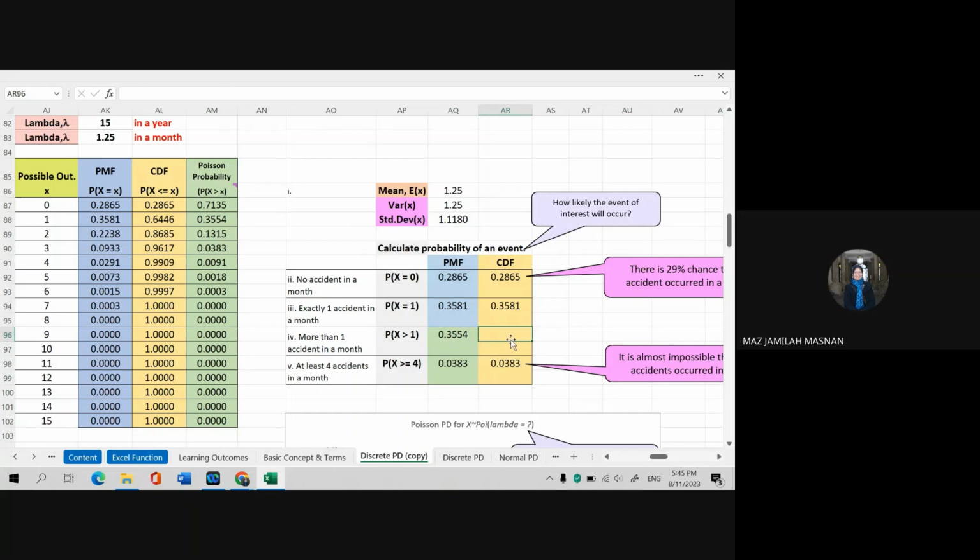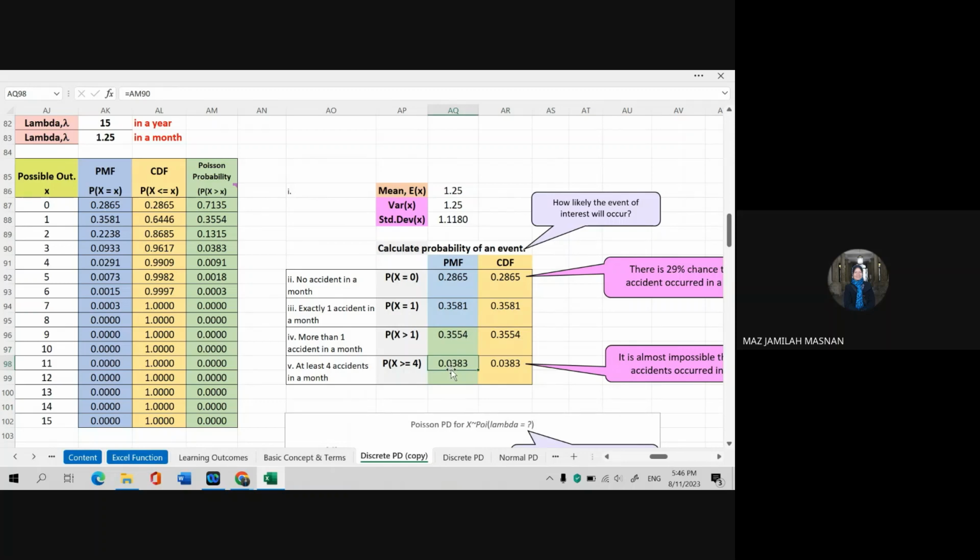And if you are using the CDF, you are looking for greater than 1, but 1 is not included. So you are talking about 2 occurrences and up until a certain value. So it will be 1 minus less than or equal to 1. You should get the same answer.